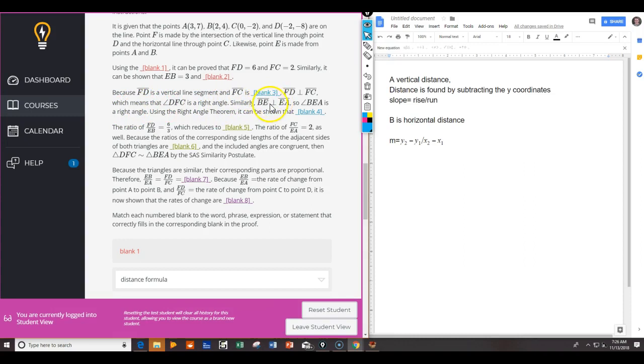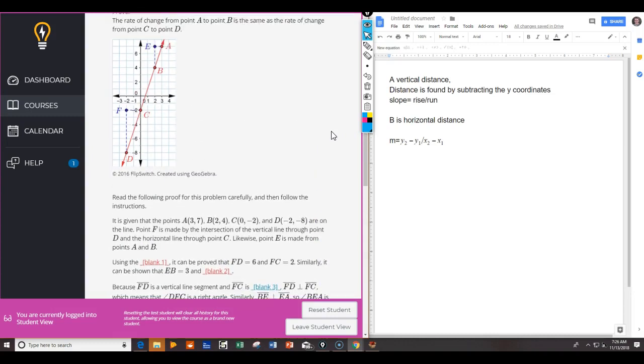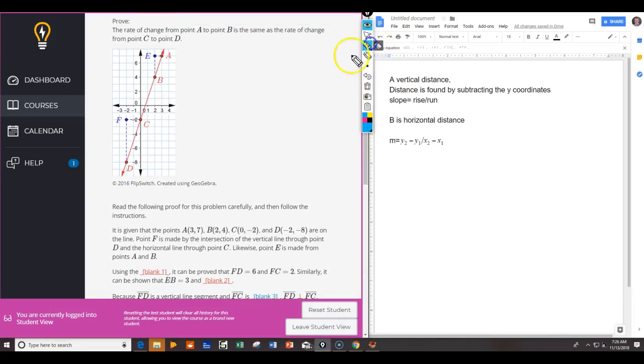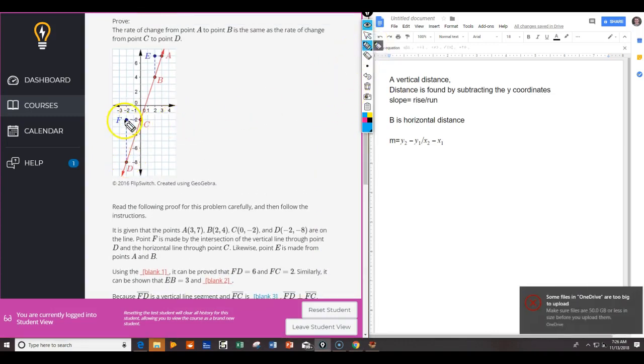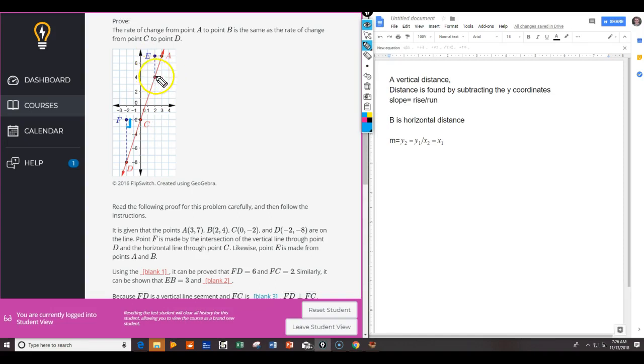Similarly, segment BE is perpendicular to segment EA, so angle BEA is a right angle. Use the right angle theorem. It can be shown that blank. Okay, so they just said that DFC, since this was a vertical and horizontal intersection, that angle is 90 degrees.